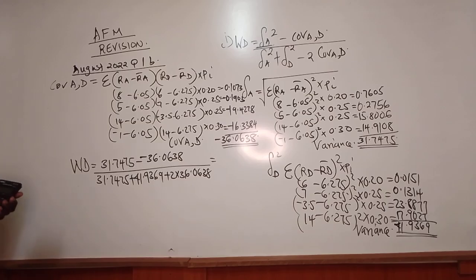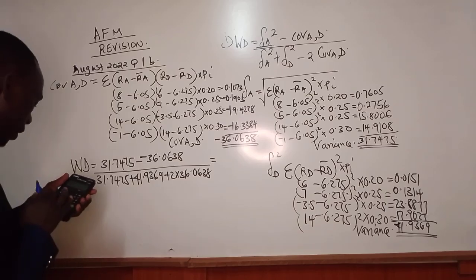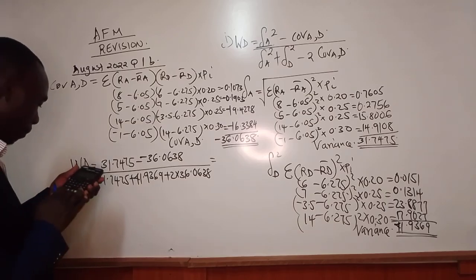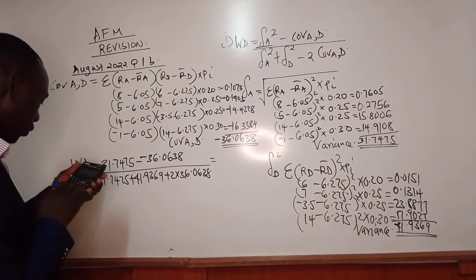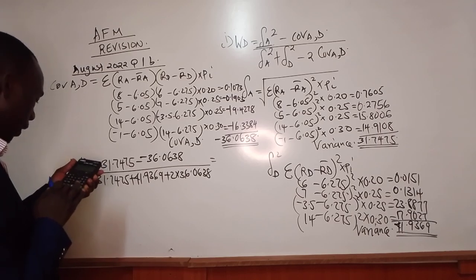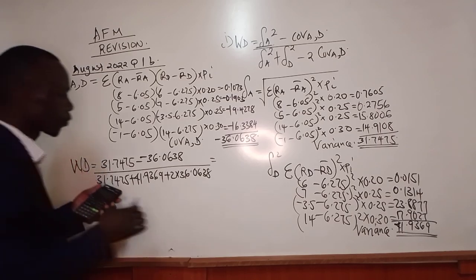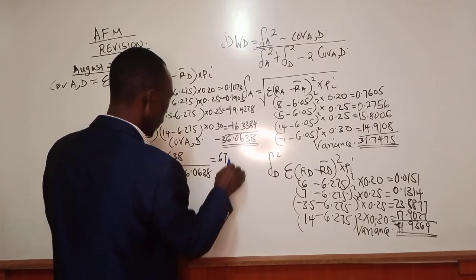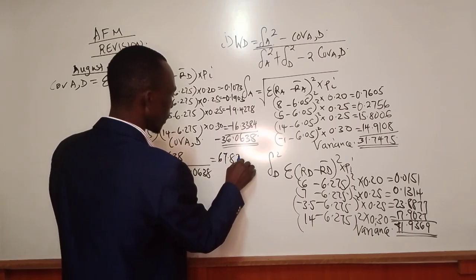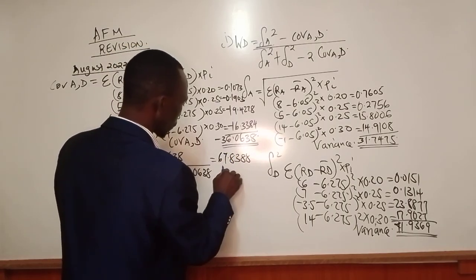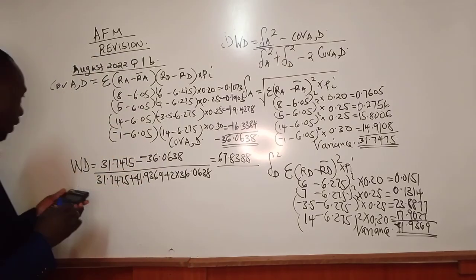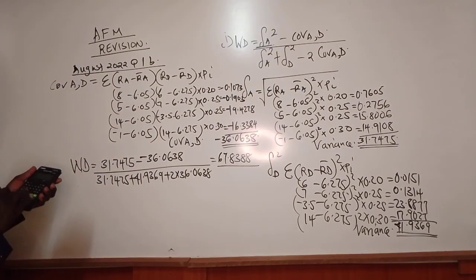It is 31.7475 plus 36.0638. So this will be 67.8388. Then we divide by this one, it is 2 times 36.0638.